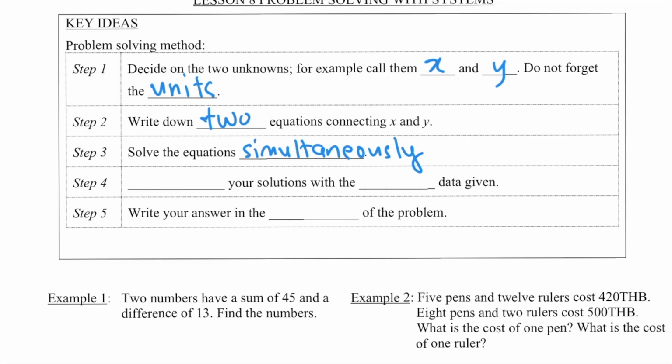And step 4, check your solutions with the original data given. And step 5, write your answer in the context of the problem. For example, if they're asking for the price, then you have to answer in terms of price, or if they're asking about distance, then you answer in terms of distance.